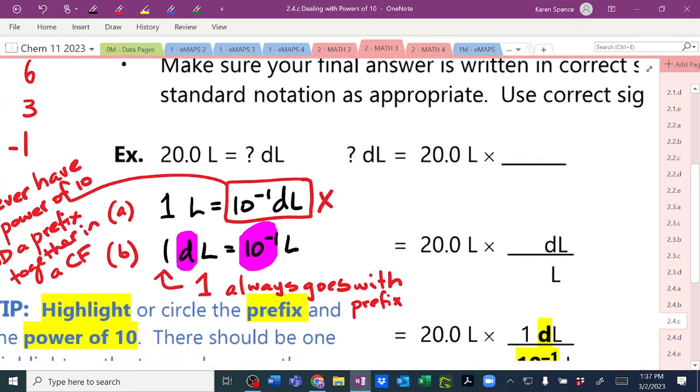So here we go. We've got this. We have 20 liters equals, where do I put my 10 to the -1? Tell your partner, do I put it on the top or do I put it on the bottom? Where does the 10 to the -1 go? Because deciliters and liters we're looking at.